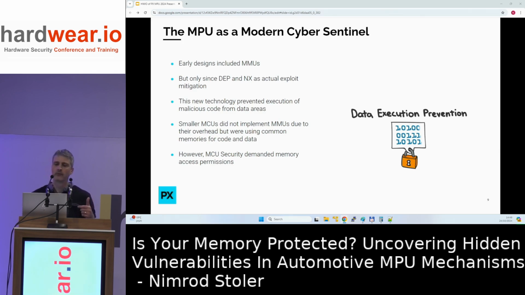Applications that required a higher level of security, such as automotive applications, began implementing a downsized version of the MMU that only implemented memory access permissions specifically tailored to microcontroller architecture. And that was the beginning of memory protection units, or MPUs, as we know them today.